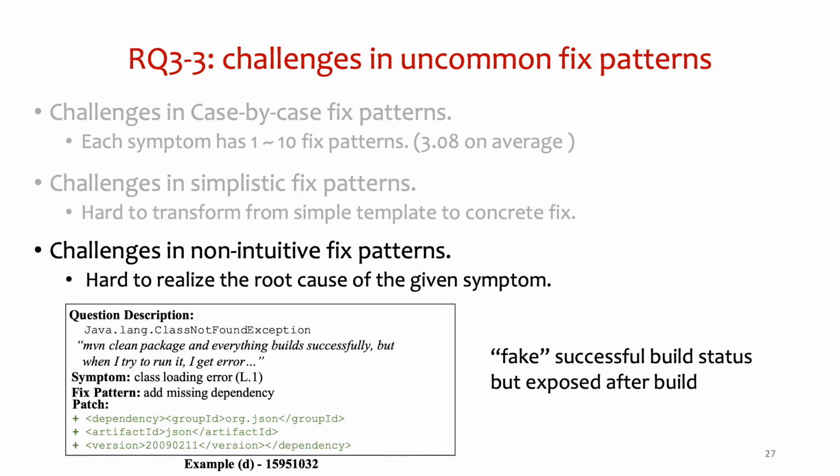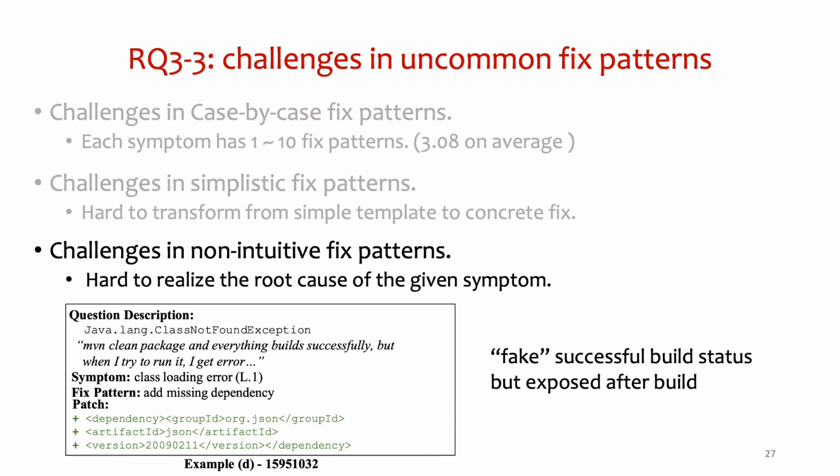In addition, we also find that many fix patterns are non-intuitive for the given symptom category, and developers often face difficulties in realizing the root cause behind these build issues. For example, the developer complains that the build process is successful, but the generated application does not work properly, and it reports a class loading error.